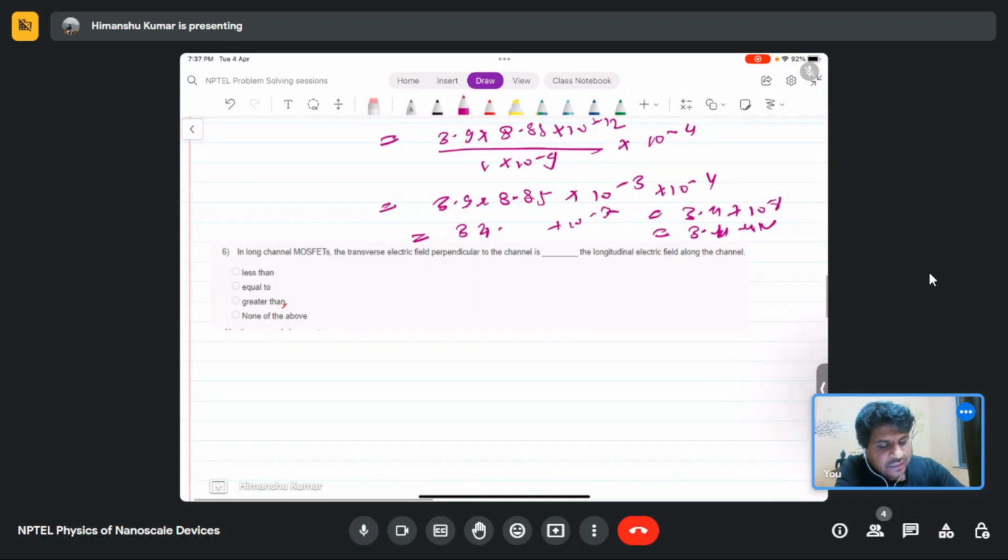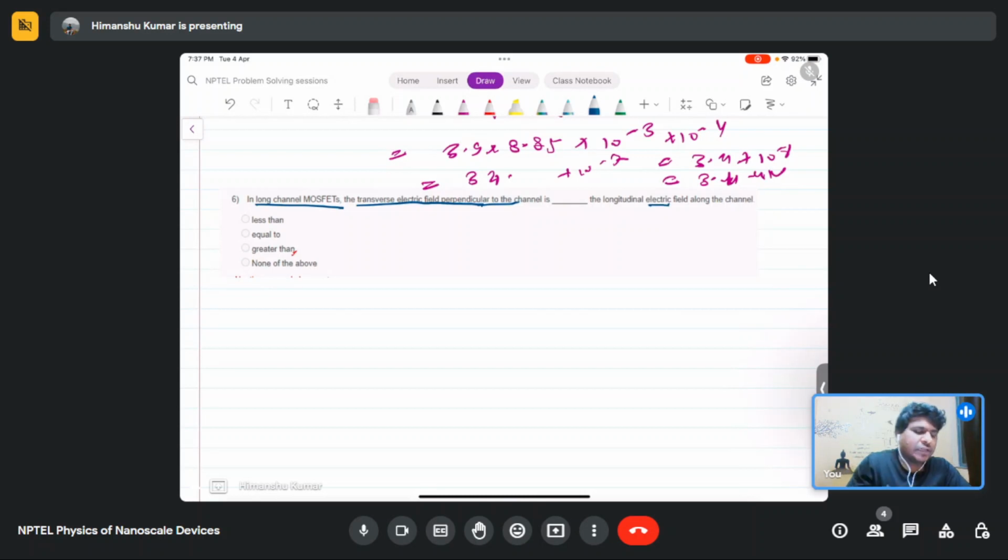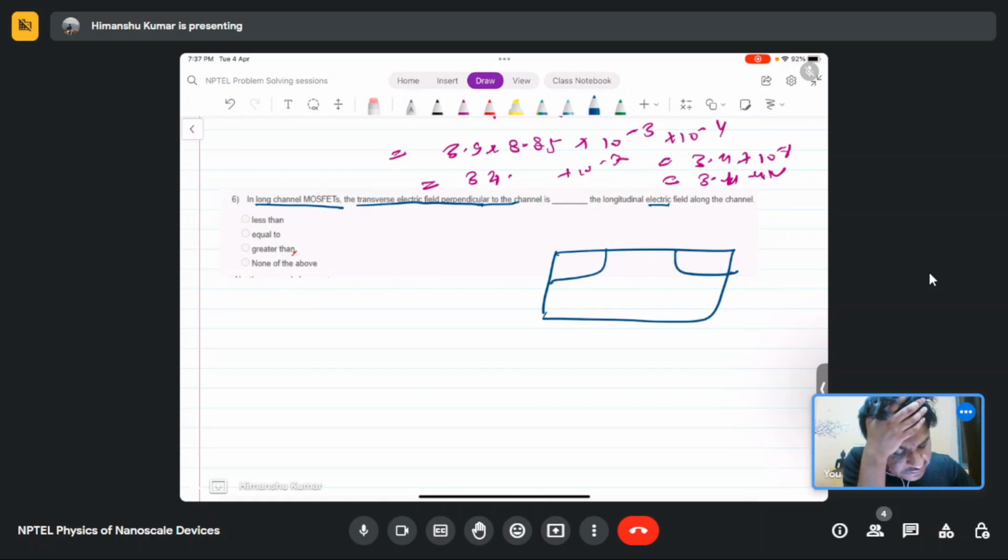Okay, with that, let's move to the next problem. In a long channel MOSFET, is the transverse electric field perpendicular to the channel less than, equal to, or greater than the longitudinal field? If we go by a very crude way of analysis, this is the gate oxide, this is the gate, and this is the source and drain.